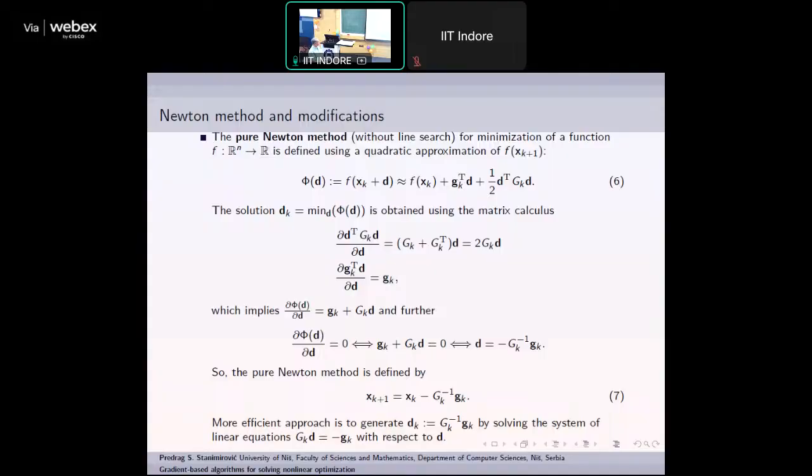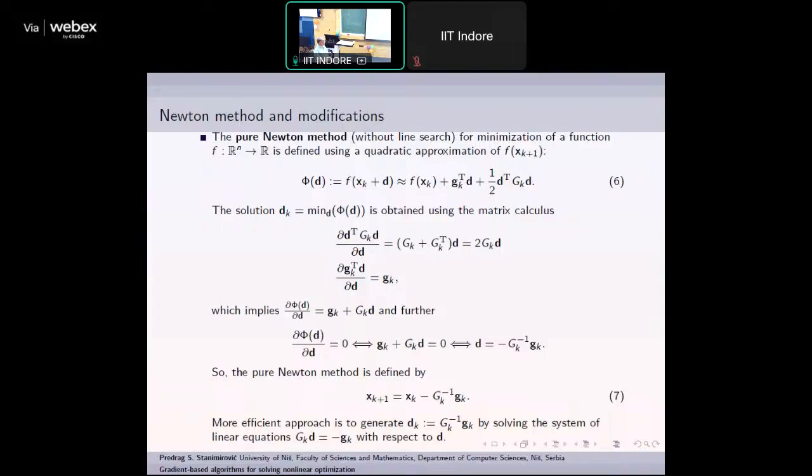which means that this direction d is given as minus inverse of Hessian times gradient. In gradient descent, we have only minus gradient. Here is the matrix G_k made of second order partial derivatives, and finally the inverse of this matrix.